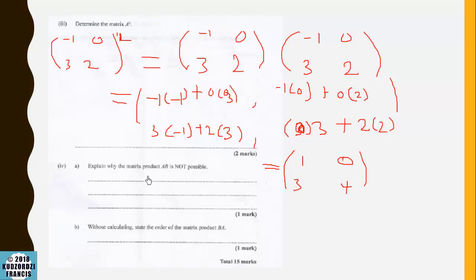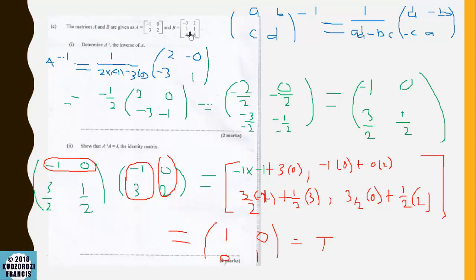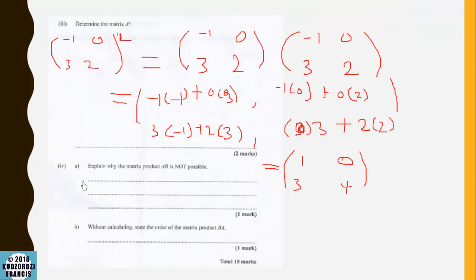Explain why the matrix product AB is not possible. So we know A is a 2 by 2 matrix. Then B is a 3 by 2 matrix. Now, for the multiplication AB to be possible, the inner dimensions must be the same.